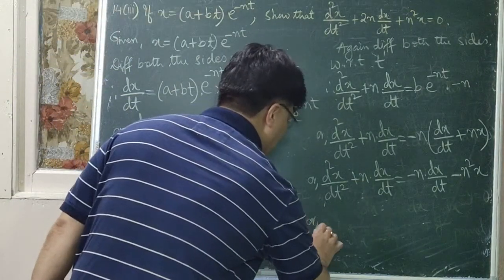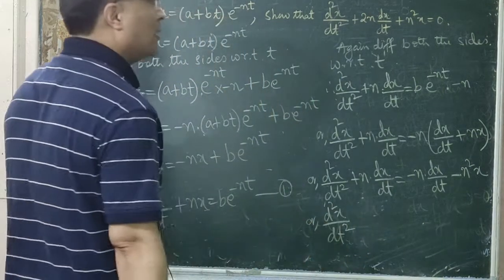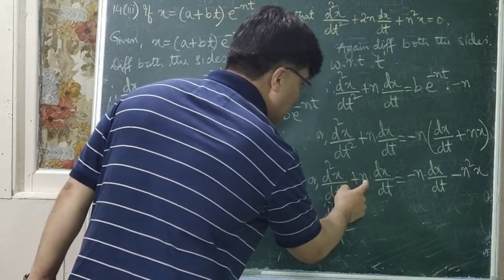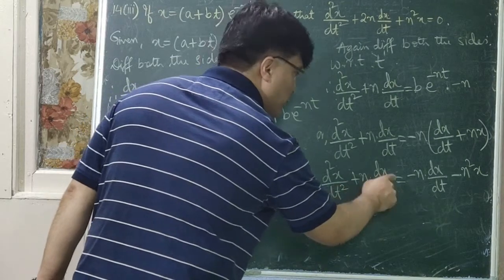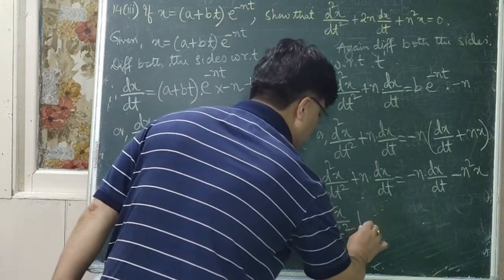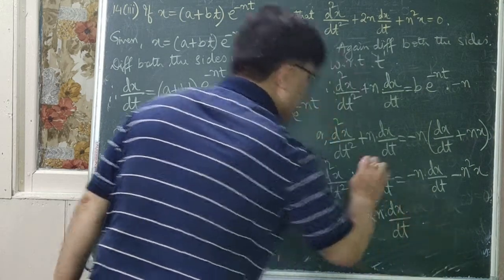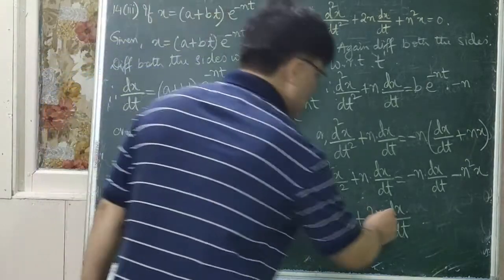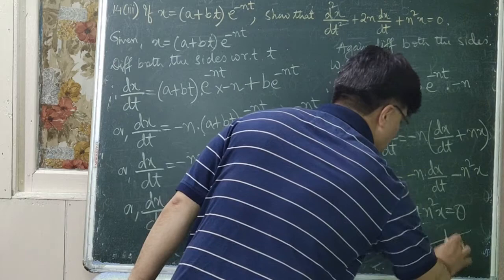So what do we get? d2x by dt square, plus n into dx by dt, minus becomes plus on the left hand side, plus n into dx by dt. What is it? Plus 2n into dx by dt. Right? Then minus n square x becomes plus on the left hand side. So it is plus n square x, which is equal to 0.